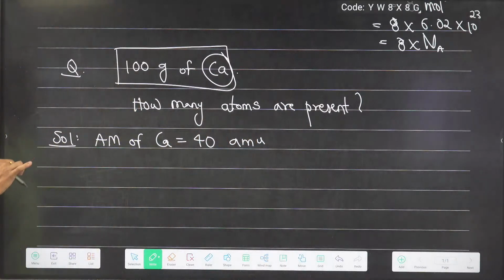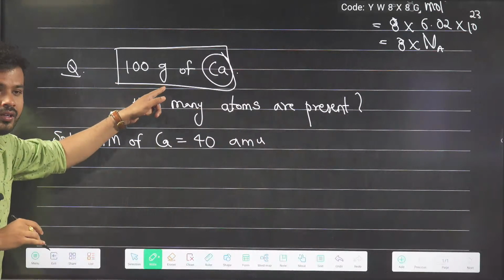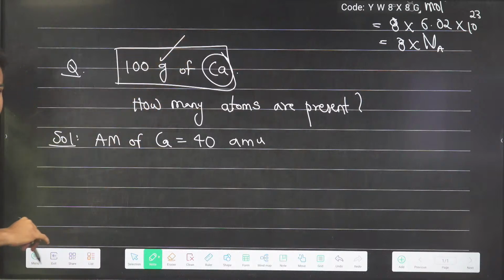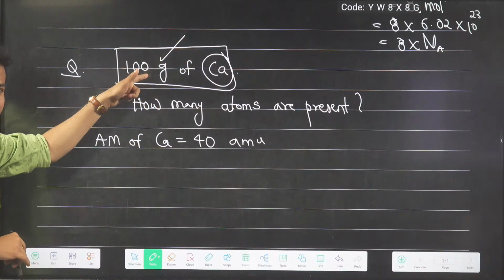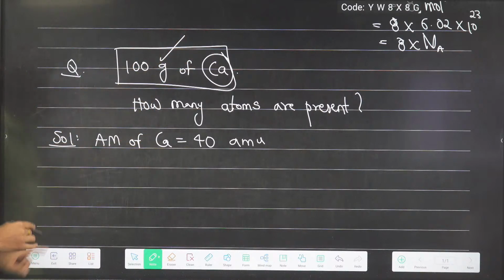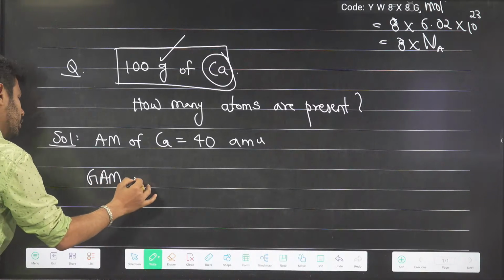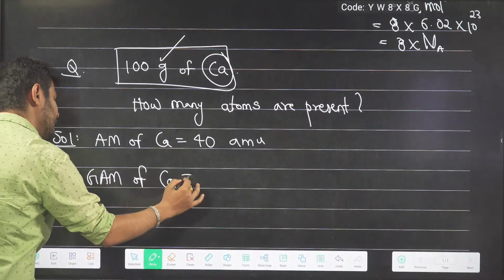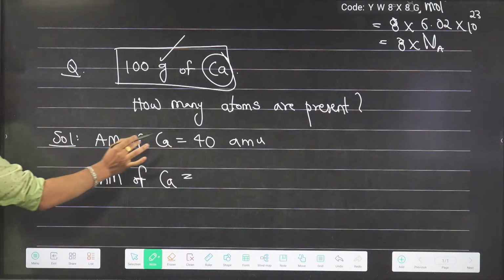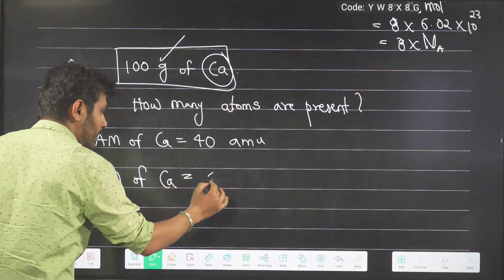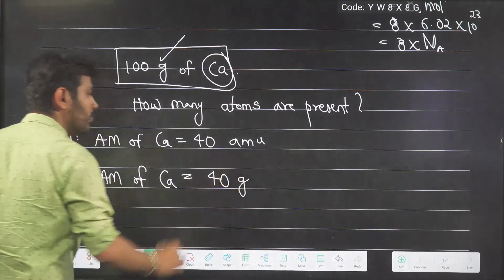But does this question have AMU in it? It is not AMU. It is given in gram units. So if the question is given in grams, we will not talk about atomic mass. Rather, we will talk about the gram atomic mass of calcium. If atomic mass is 40, gram atomic mass will be 40 gram.